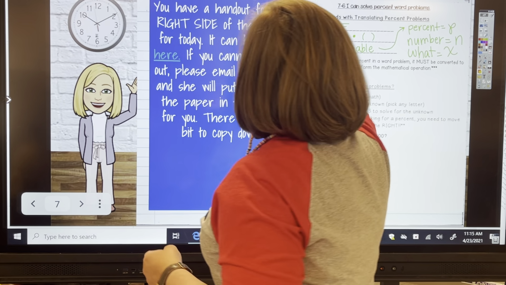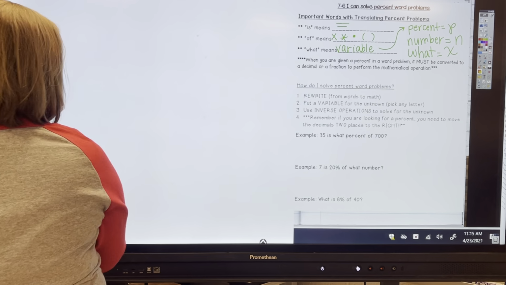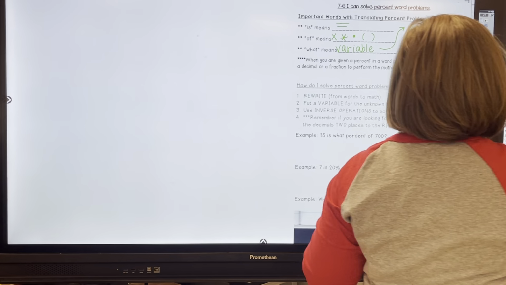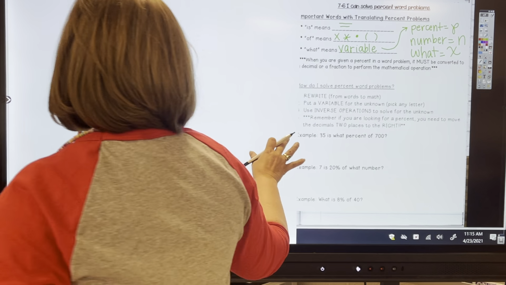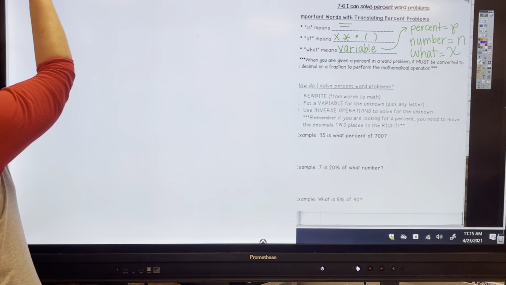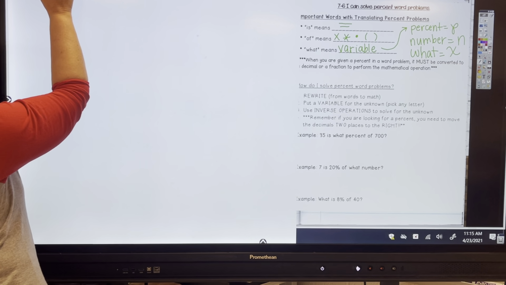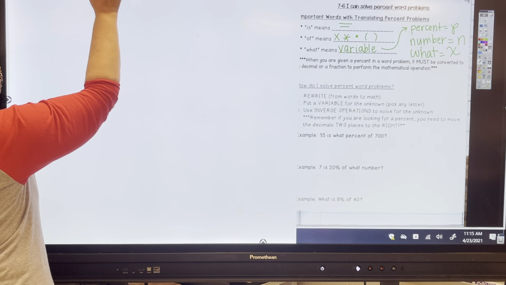We are going to follow these steps that I have listed right here. The first one says to rewrite from words to math, all right? I left you room right here to write, but because I have some people at the back, I'm going to write up here so that everybody can see.